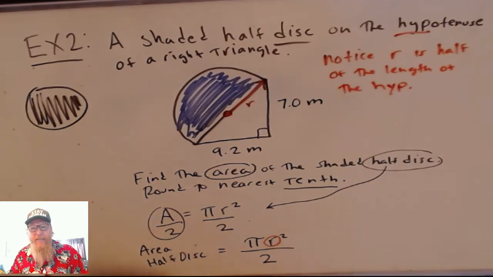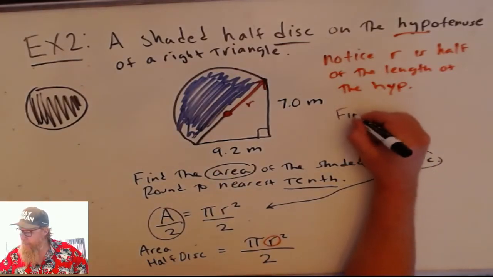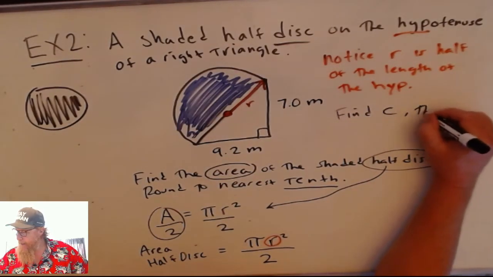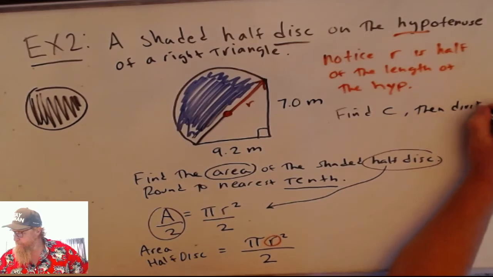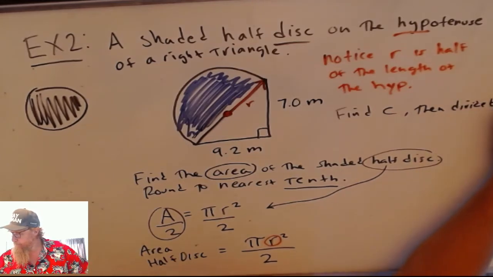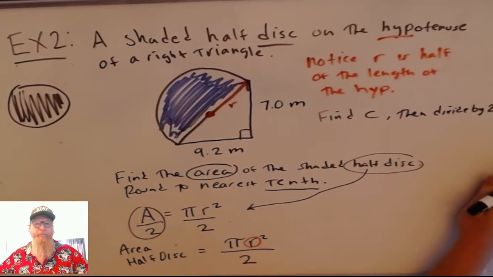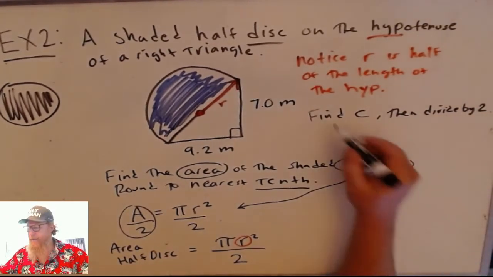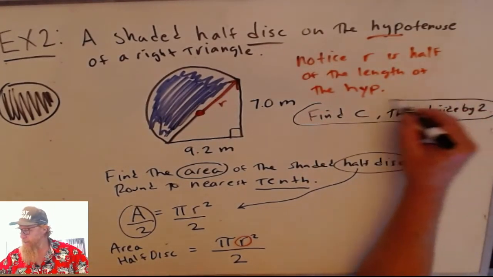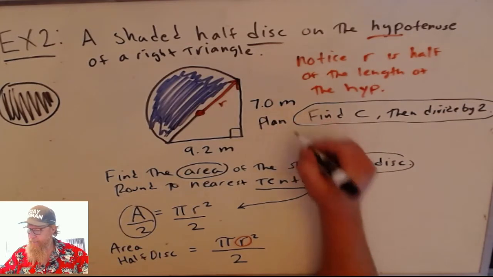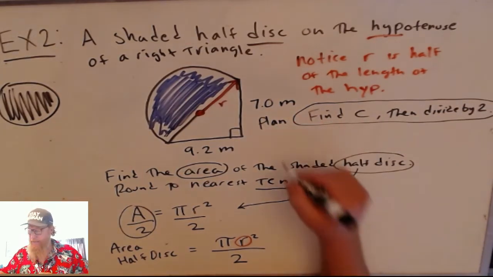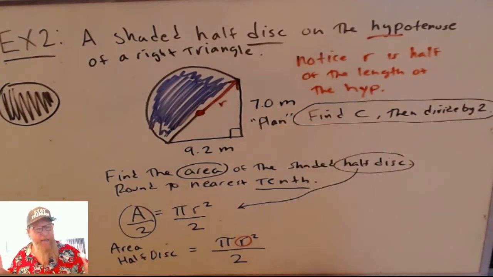So we're going to find the hypotenuse, then divide by 2. That's kind of our strategy here. This is our plan.